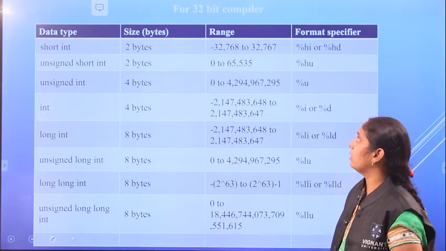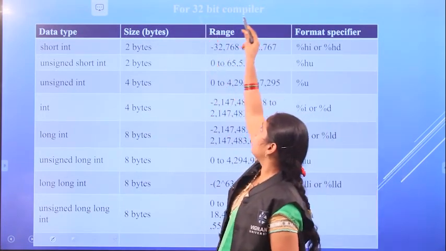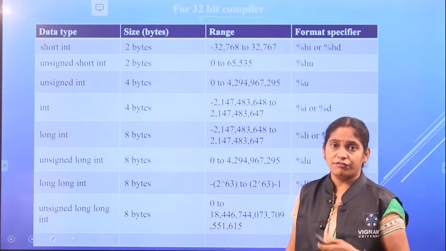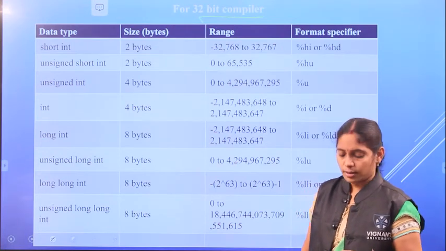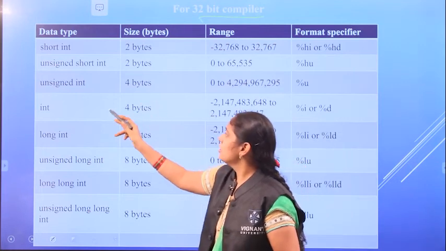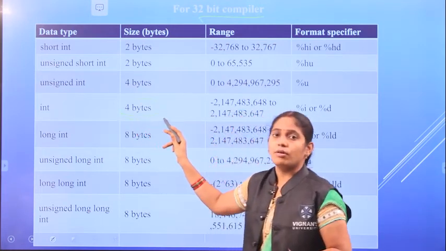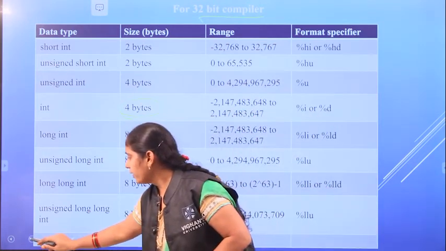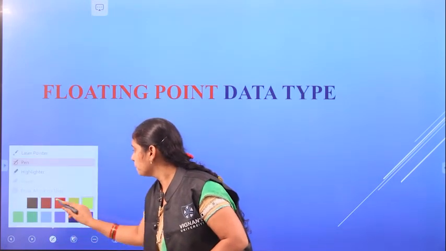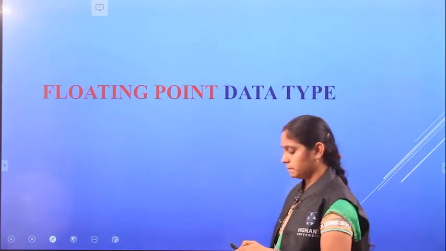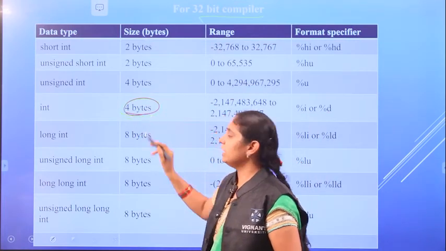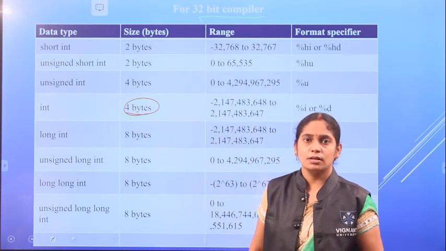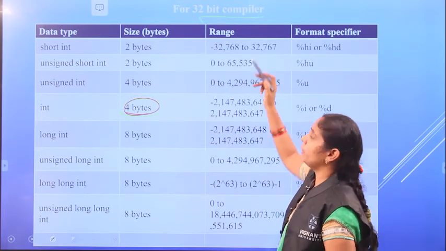See the 32-bit value. This is a 32-bit compiler. If it changes, automatically the size also changes. Here the size of integer is 4 bytes in a 32-bit compiler.